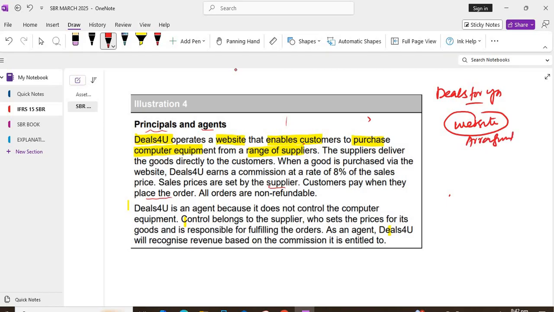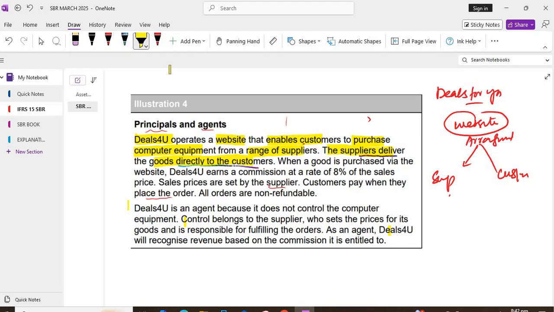They are just doing the arrangement for the supplier and the customer. Now, the supplier delivers the goods directly to the customer. Okay, it means the supplier is responsible for fulfilling the order, not the agent, not Deals4You.